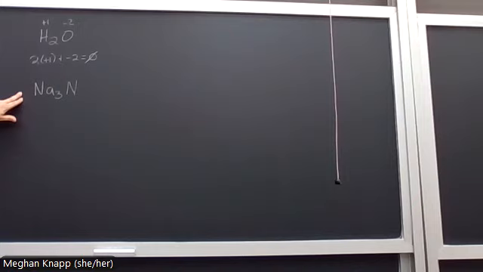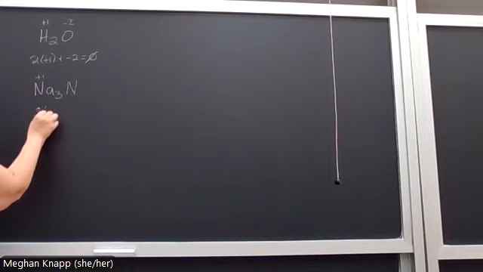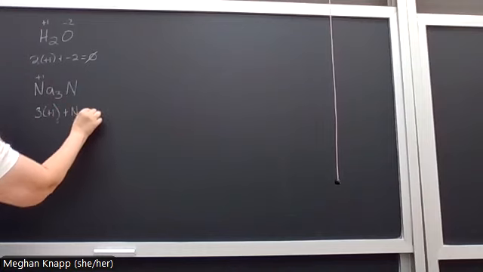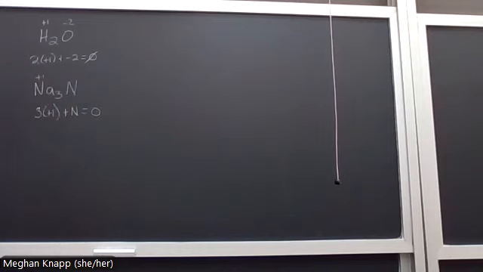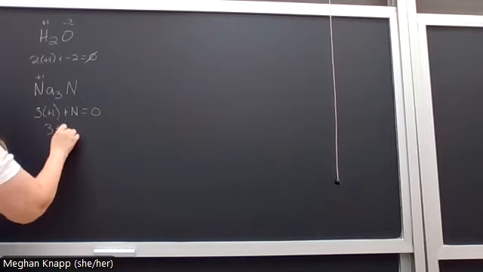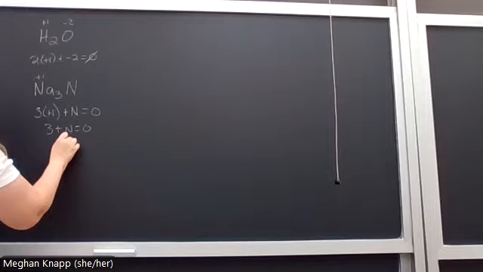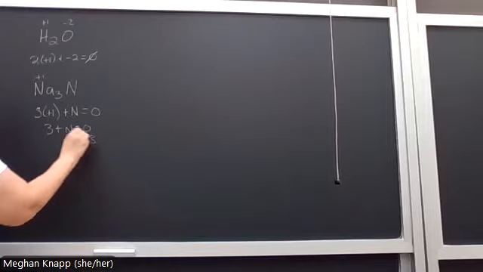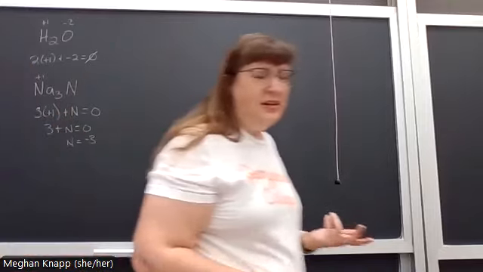So what is this one going to be? +1, right? So we have 3 times +1 plus whatever N is going to be equal to 0. So 3 plus N equals 0. So N equals what? -3. And that makes sense for the column that it's in.